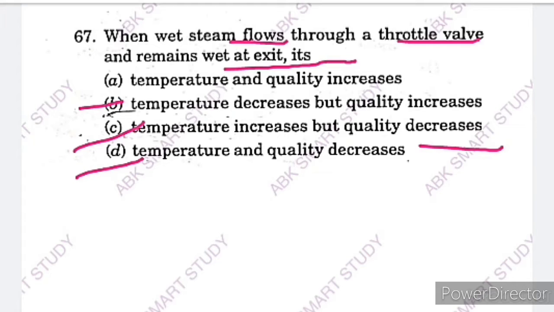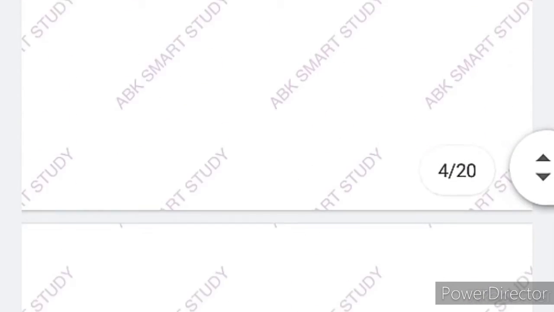When wet steam flows through a throttle valve and remains wet at exit, its temperature decreases but quality increases. So option B is the correct answer. Next question.